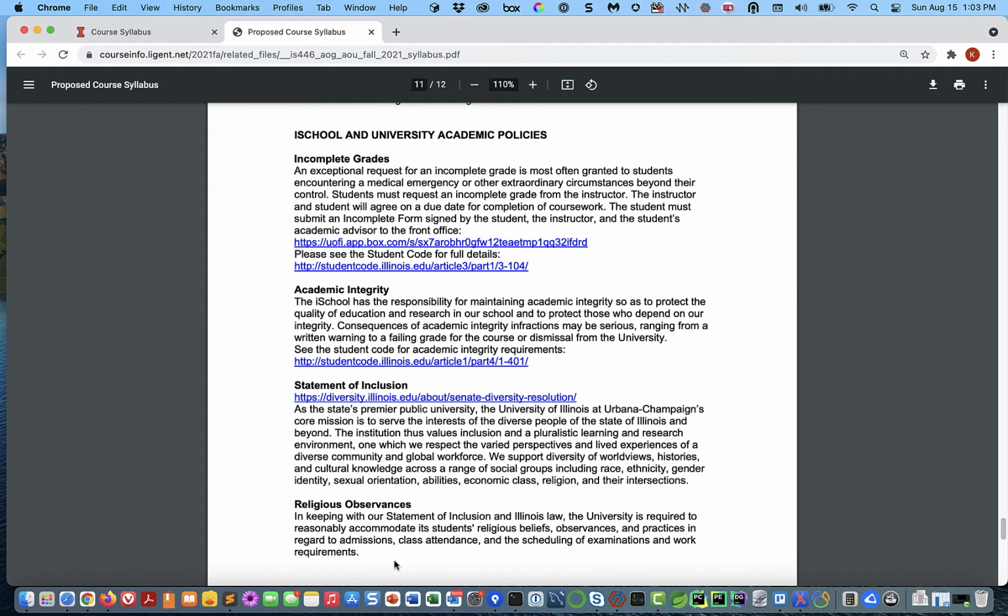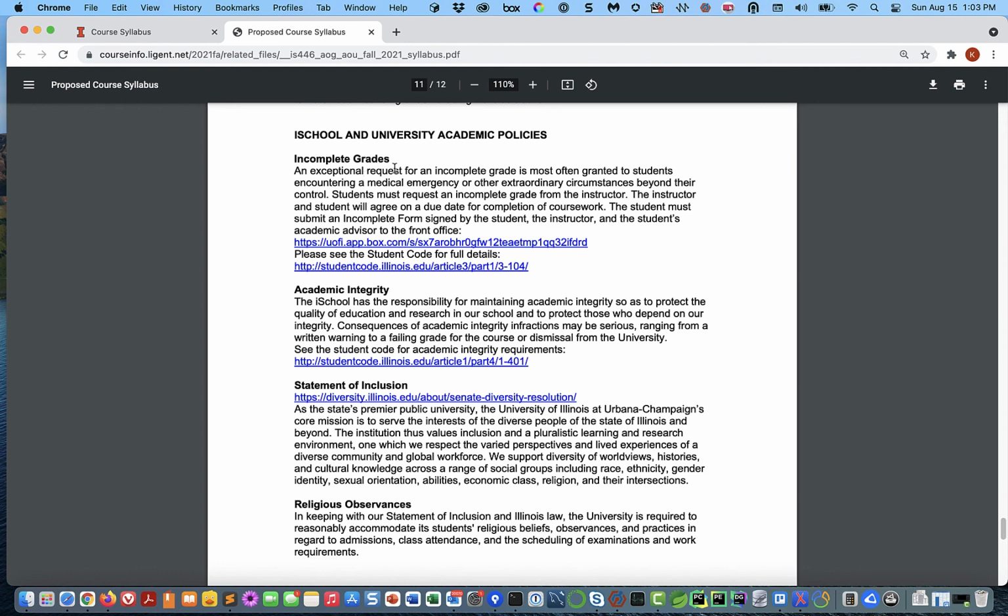A lot of times when we have standard language that goes into documents, we call it boilerplate. It's just what you expect to see in that kind of document, so kind of mundane. On the other hand, these are all really important policies that you should be concerned about. So if you haven't seen them and you don't fully understand them, these are really important to read and really important to understand every part of.